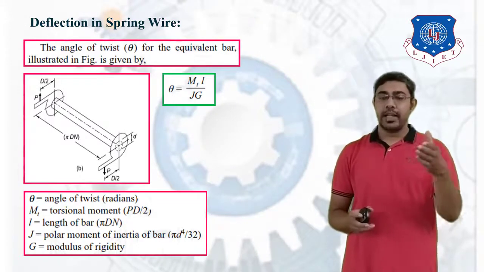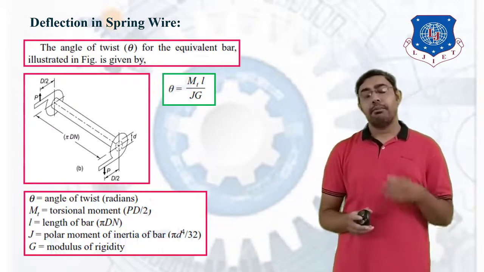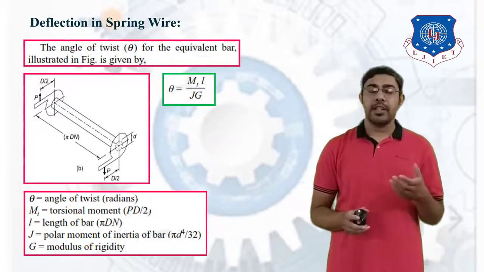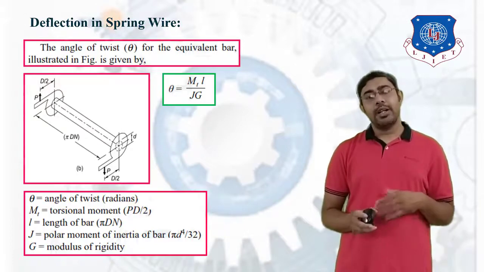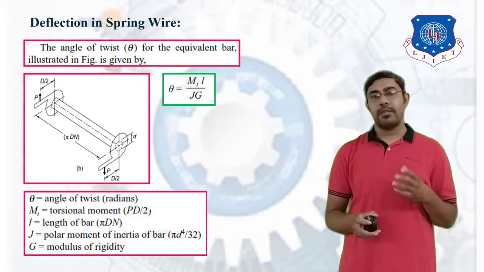So here the length of wire is pi D, and J is the polar moment of inertia of wire, or you can say bar. So it is nothing but pi by 32 d raised to 4, and G is the modulus of rigidity.